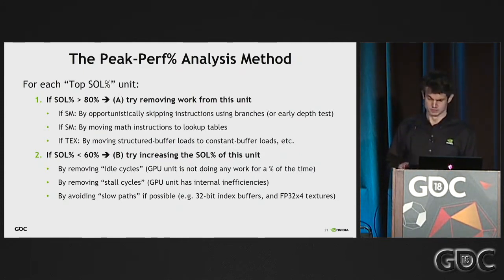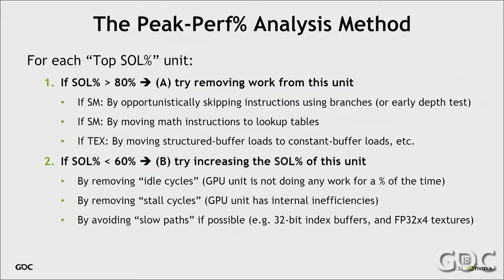So it's good to know that you should always try to use 16-bit index buffers to hit the fast path. The other well-known case, I think, is using 32-bit per channel, 4-channel textures. Those are textures that we filter at half rate. So you will never reach 100% or close to 100% texture SOL percentage with this kind of format.